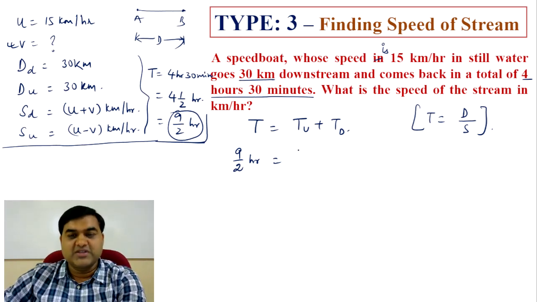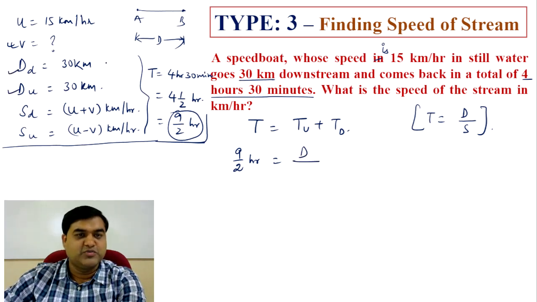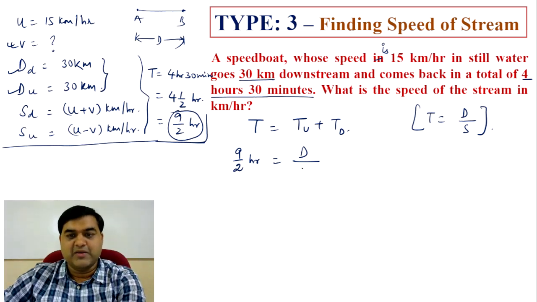Distance upstream or downstream is going to be 30 km only. So it is distance by speed upstream plus distance by speed downstream.